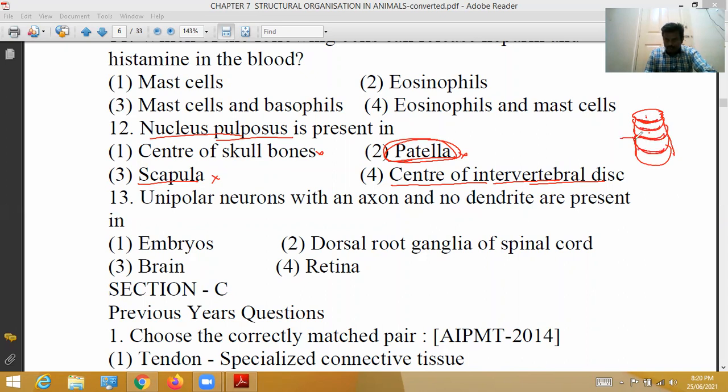This soft portion is called the intervertebral disc. The center of the intervertebral disc contains the nucleus pulposus. Nucleus pulposus is found in the center of intervertebral discs. Okay, that's all. So for the 12th question, the correct option is the 4th.